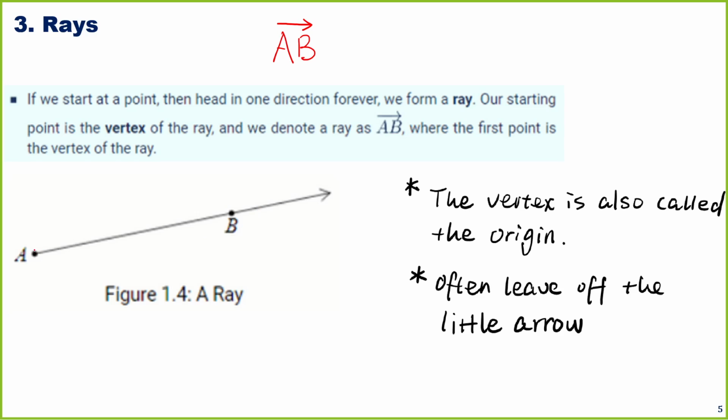It has only one endpoint, and it can extend indefinitely in the direction here, right? The first point is the vertex of the ray. The vertex is also called the origin of the ray, and the ray often leaves off the little arrow here.